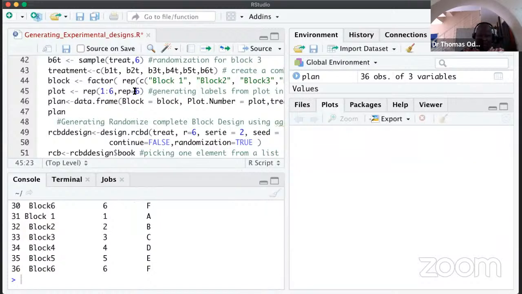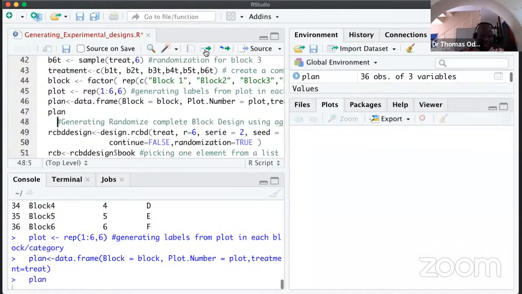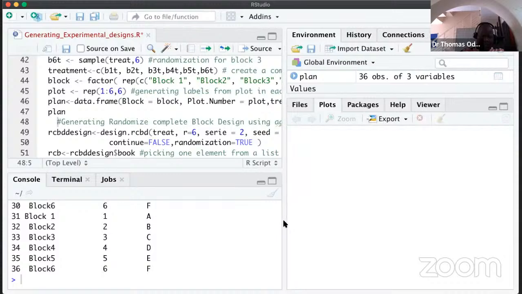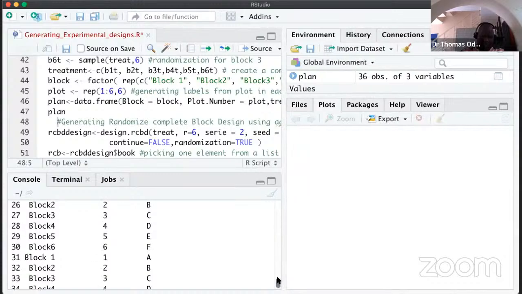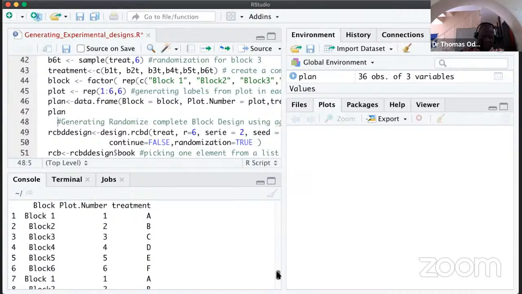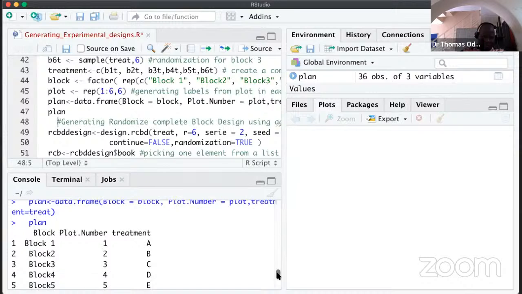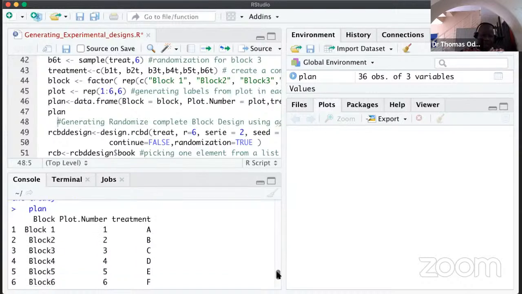So I'm going to remove the repeat. Okay, it does not solve our problem.